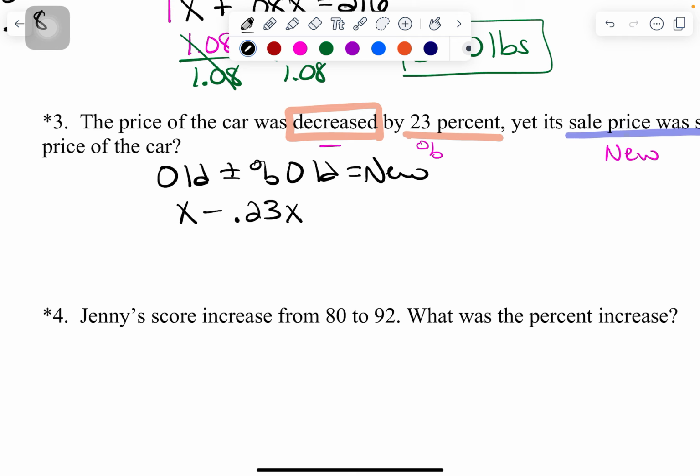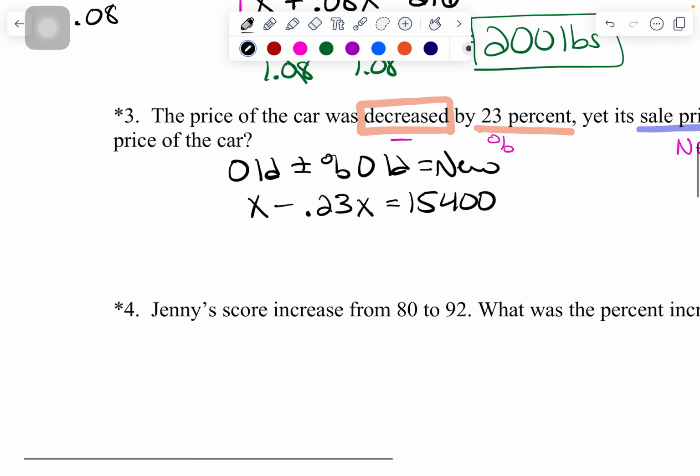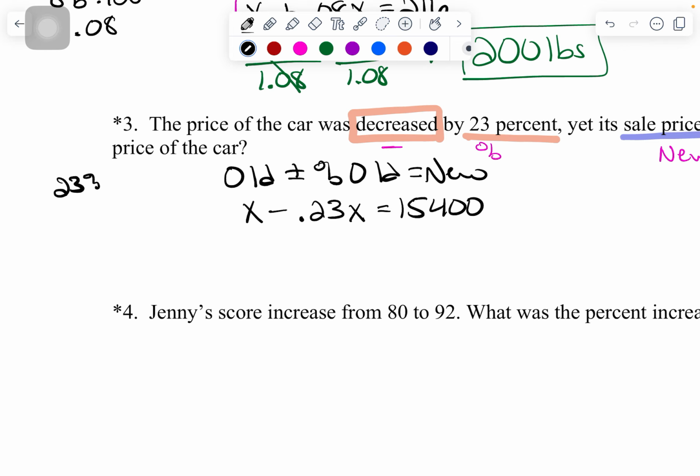So 0.23 is the decimal equivalent of 23%. Old is X because I don't know what it is. Sale price, 15,400. And if you need the reminder, 23% divided by 100, that will turn it into the decimal equivalent.